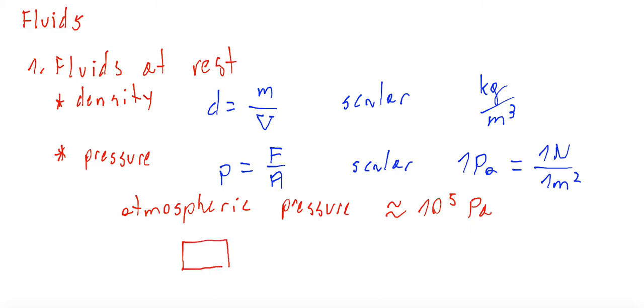Here we have a door, and if let's say pressure inside is 2 times 10 to the power of 5 pascals and outside is 1.5 times 10 to the power of 5 pascals, then pressure difference is half times 10 to the power of 5 pascals directed from the inside of the box towards outside. Okay, so this is very, very important that we have to refer to the absolute pressure if we have pressure difference.